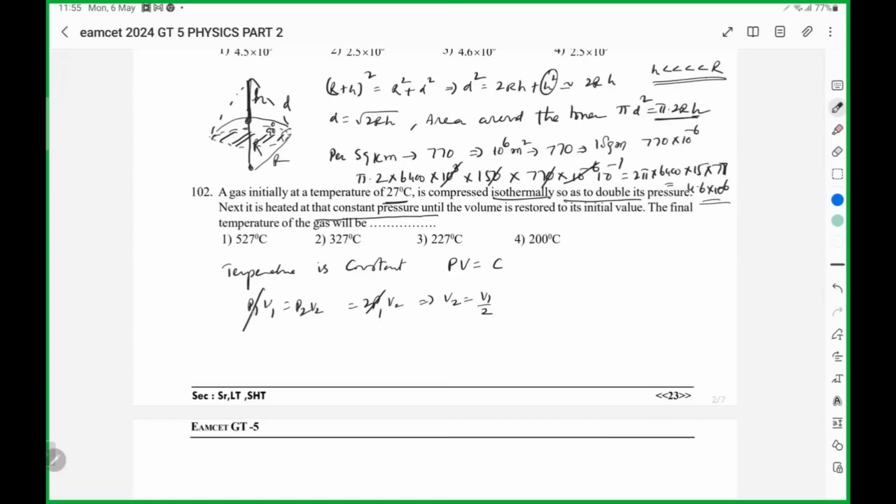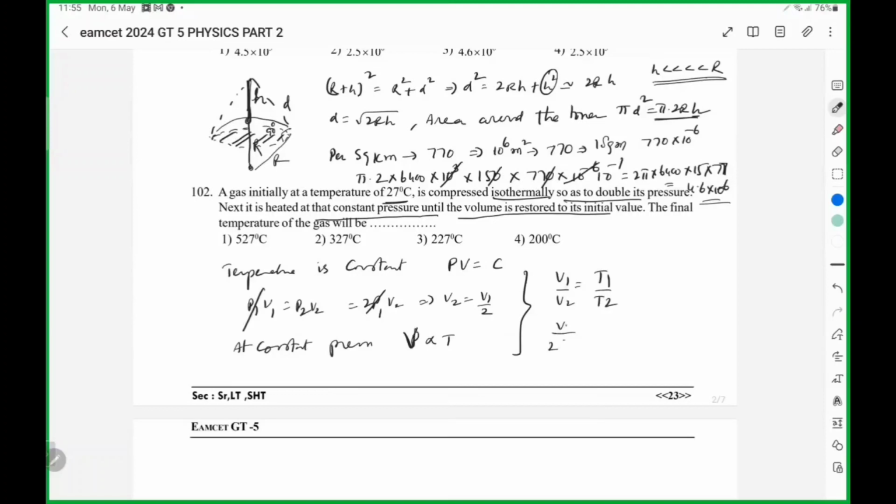Now at constant pressure, it is heated until the volume is restored. At constant pressure, volume is proportional to temperature. So V1 by V2 equals T1 by T2.